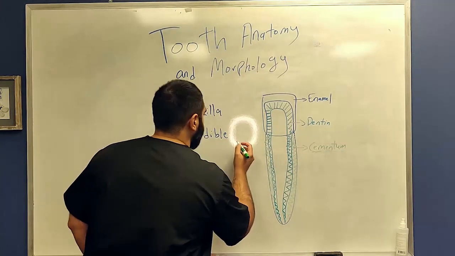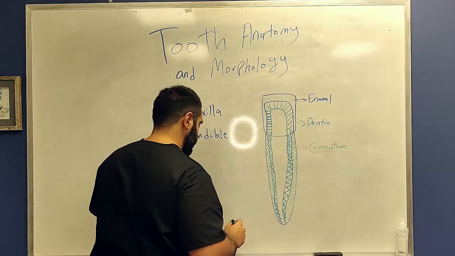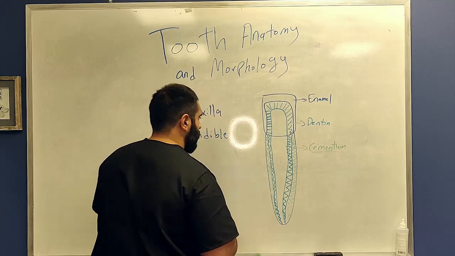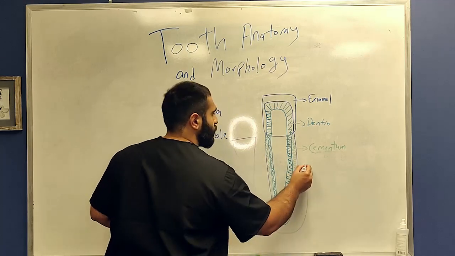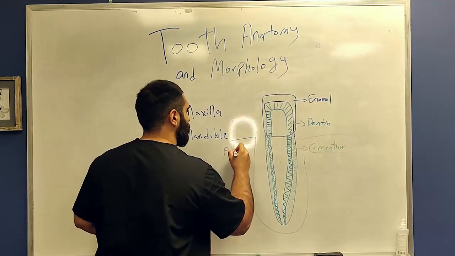So the alveolar bone is the bone that basically holds our tooth in place. This is the alveolar bone.